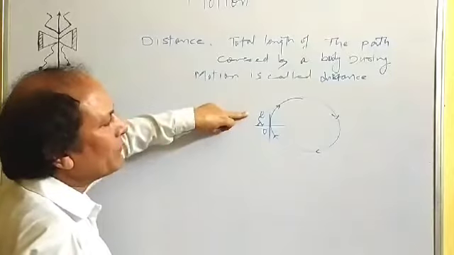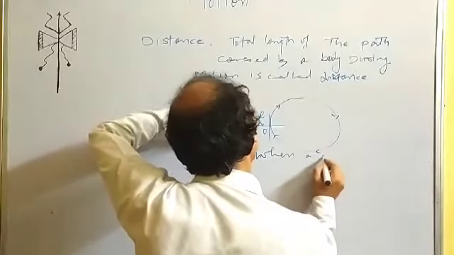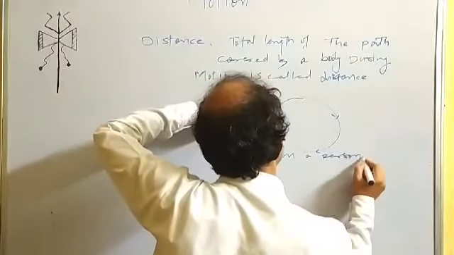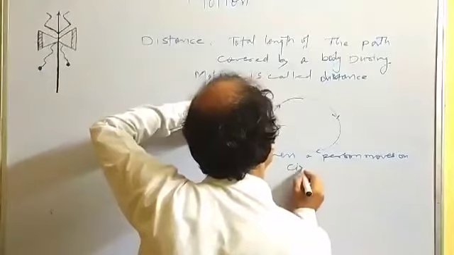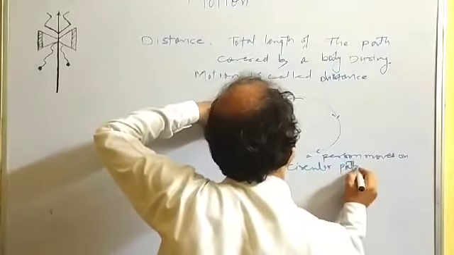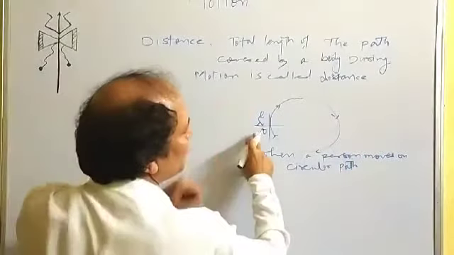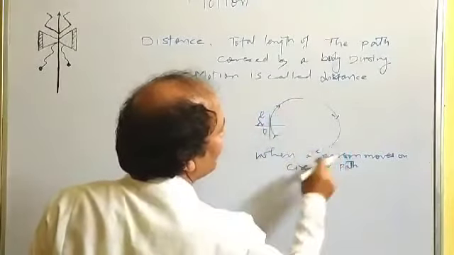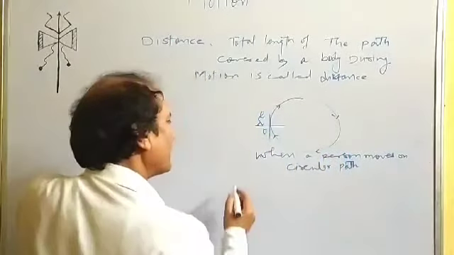When a person moves on a circular path, the distance covered by this person will be equal to the circumference of the circle, means the perimeter of the circle.